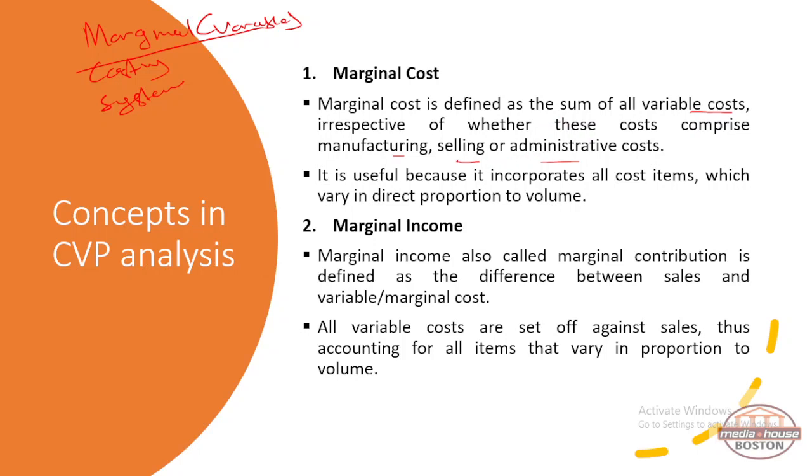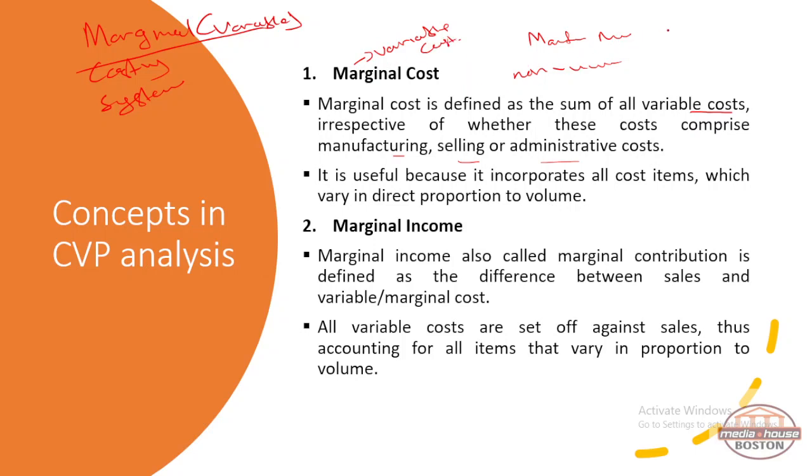But in terms of the full accounting concept, when we calculate these marginal costs, we're going to have what are called manufacturing marginal cost or variable manufacturing cost and non-variable manufacturing cost, which are all marginal costs. This terminology we also refer to as variable cost, the same as variable cost.